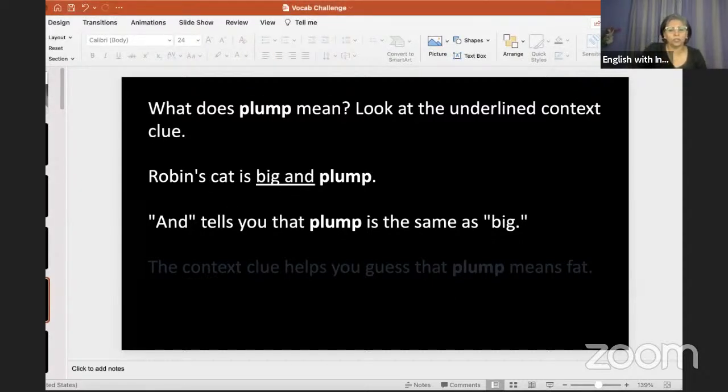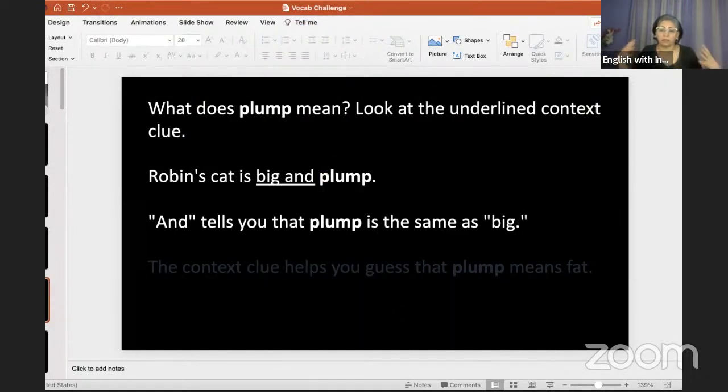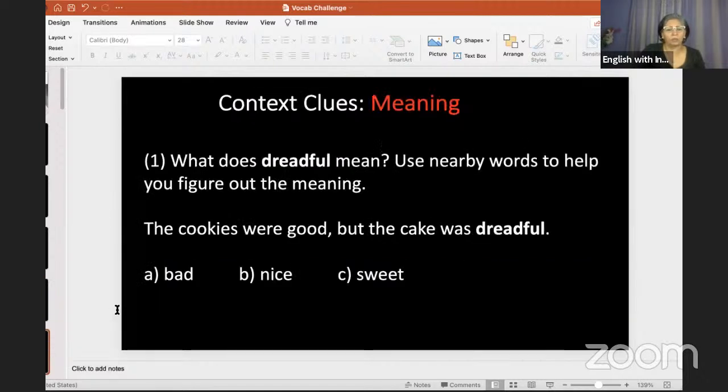Robin's cat is big and plump. So plump means what? Fat, right? Lumpy, plump, fat. खूब सारा उसमें muscles and fat, bulky, right? Plump. Okay, let's move on to the next one.